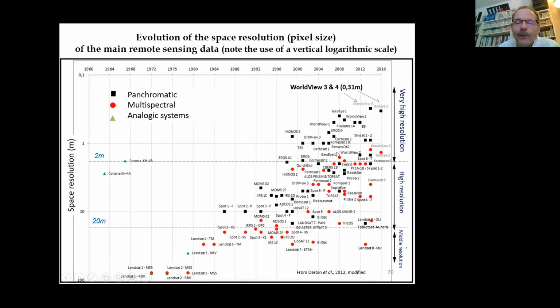You have, for example, 50 centimeters. It's a very high resolution. High resolution is between 2 and 20 meters, so you can include most of the Spot satellites, for example, or Sentinel satellites, and middle resolution for Landsat and also MODIS and so on.